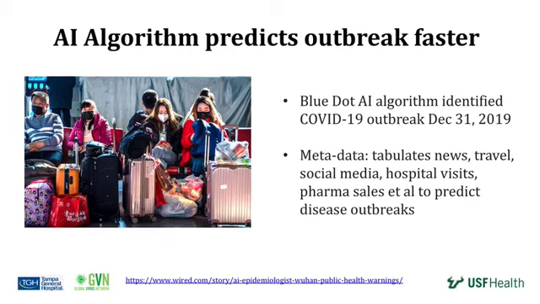It works by tabulating news, travel, social media, hospital visits, and pharma sales to predict disease outbreaks. The lead time you get in knowing about an epidemic gives you a much faster advantage in containment and prevention efforts. So it will be really interesting as the future evolves to see how artificial intelligence algorithms can help us predict outbreaks faster.